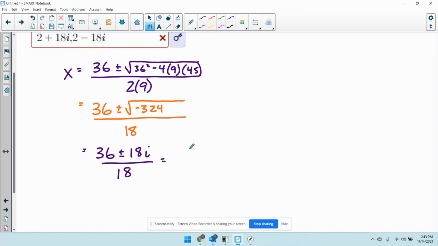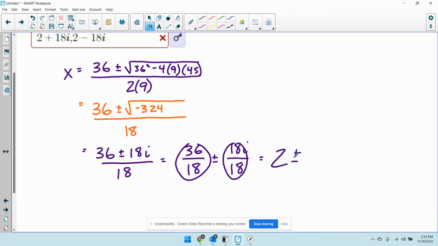So you could split this up into 36 over 18 plus or minus 18i over 18, which reduces to 2 plus or minus 1i. So you would do 2 plus i, 2 minus i.